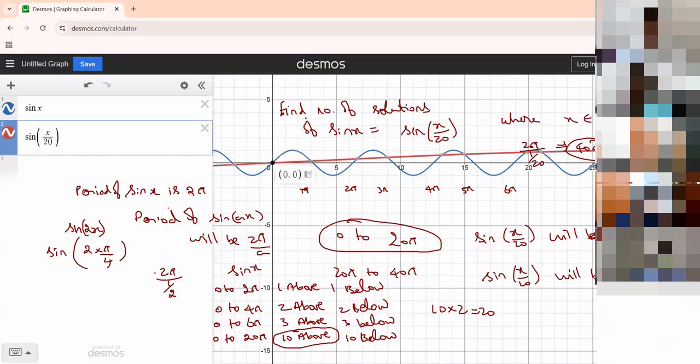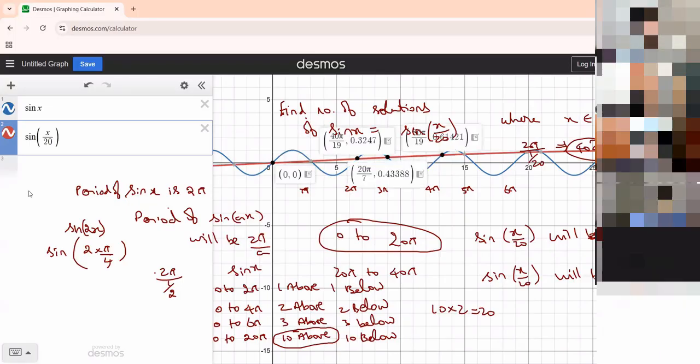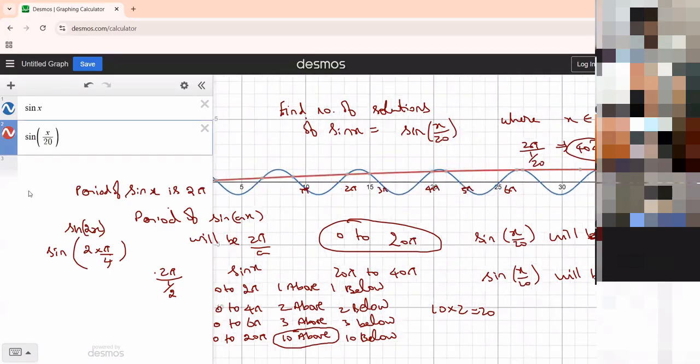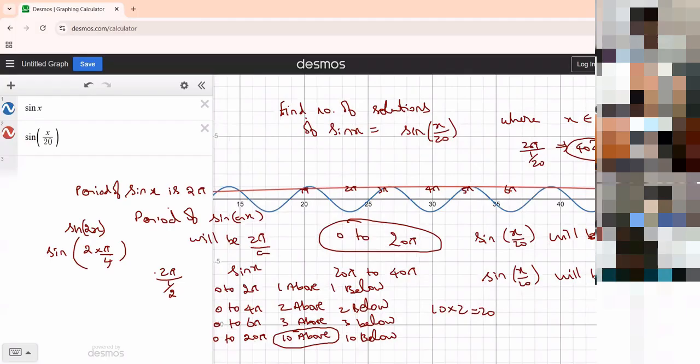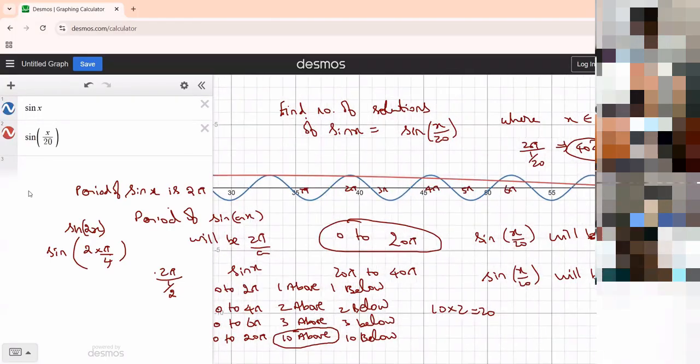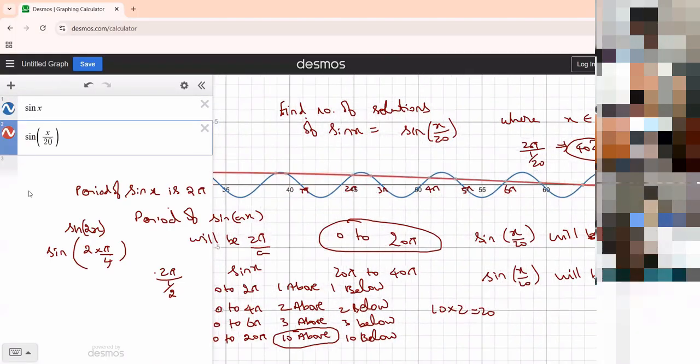So you are calling 2 intersection points for this upper half cycle, 2 for this, 2 for this, 2 for this, again 2 for this. So this keeps happening, 2, 2, 2, 2 for all these upper half cycles until we reach 20 pi, correct? Those 10 half cycles add their independent 2 intersections for each, 10 into 2, 20.